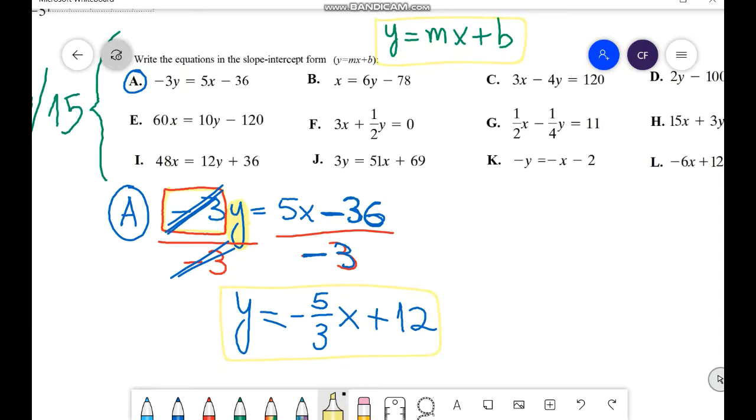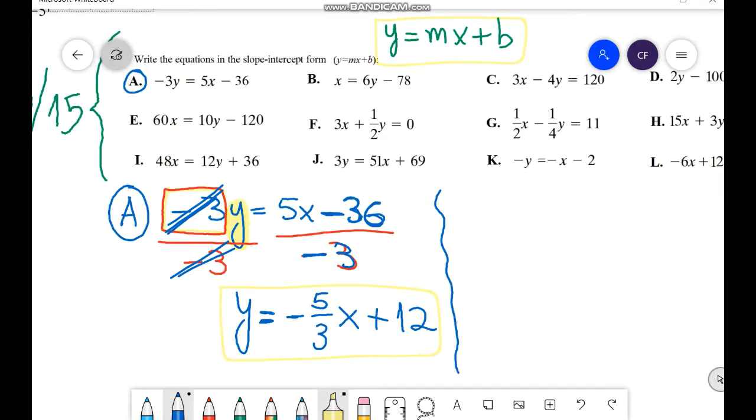This is for A, and the same thing you have to do for B, C, all the other questions, all the other equations, all the other letters. It's going to be the same thing. You have to isolate, you have to change the equation and make sure that you have only y on the left hand side of the equation. I will give you a few minutes to work on all the letters.